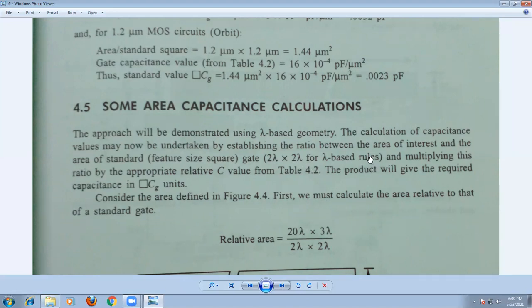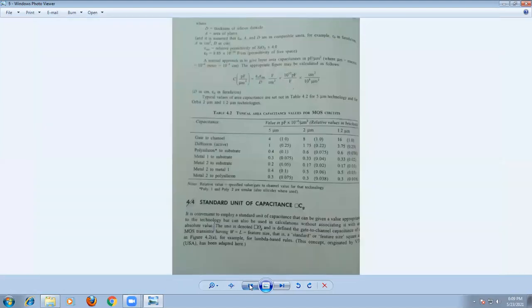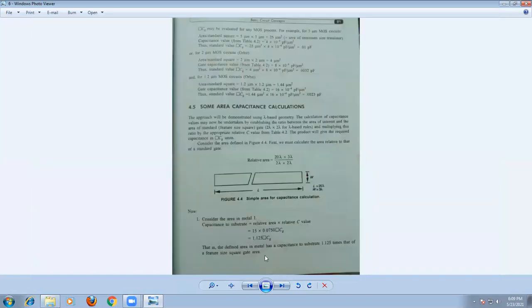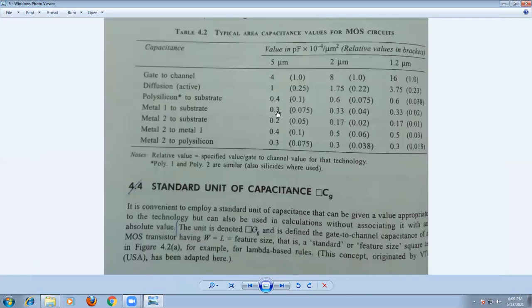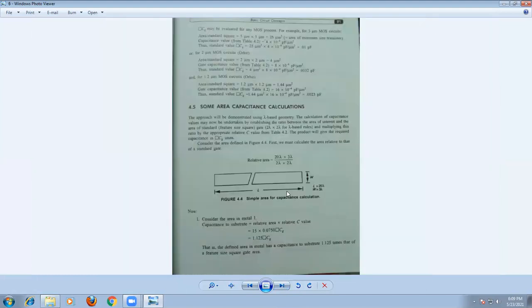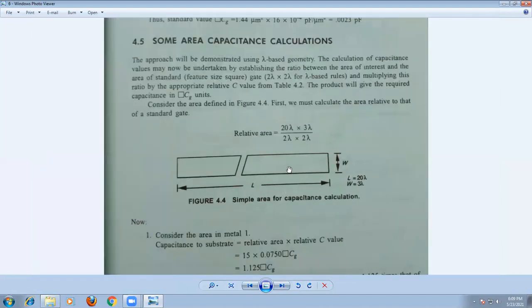Multiplying this area with the relative value of the C from the table, the previous table we discussed, substituting the relative value, we calculate the capacitance.